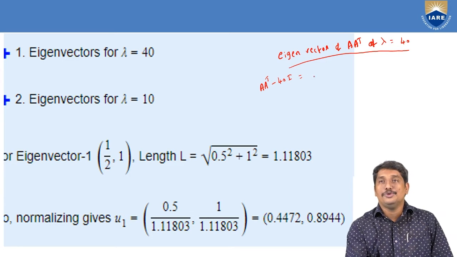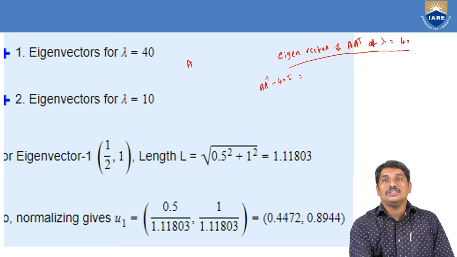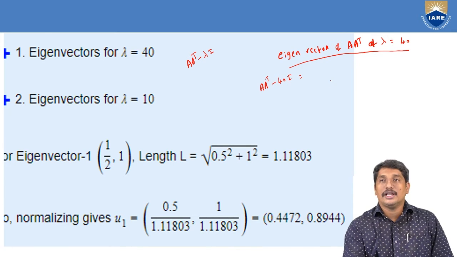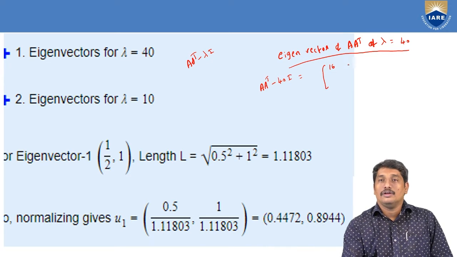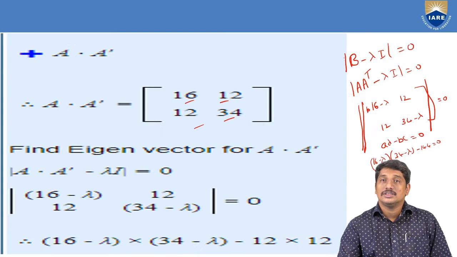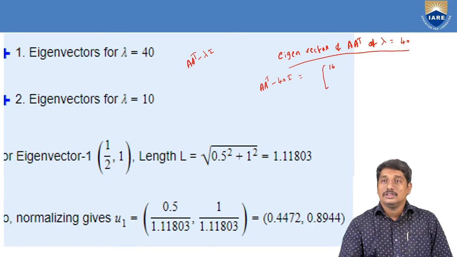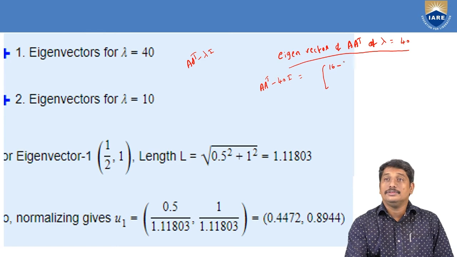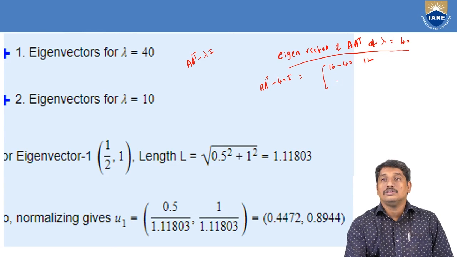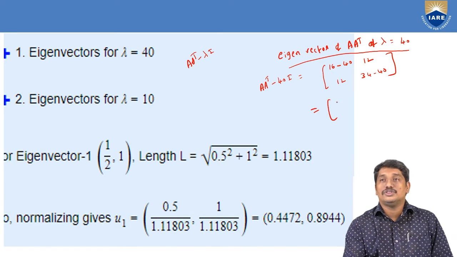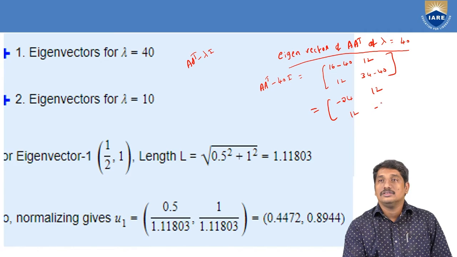That means we have substituted lambda is equal to 40 in our characteristic matrix A into A transpose minus lambda I. Then the matrix becomes 16 minus 40, 12, 12, 34 minus 40. This is the resultant matrix. Once we subtract, we get minus 24, 12, 12, minus 6.